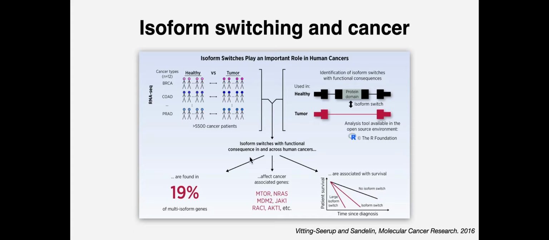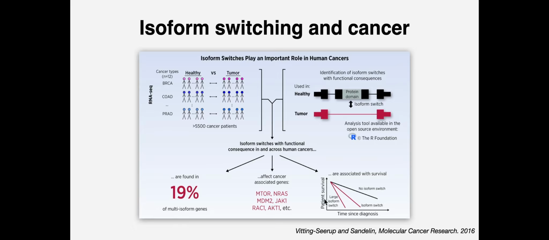And we'll talk about what this means to describe isoform switching in the context of functional consequences in just a minute. Those isoform switching events are happening in oncogenes, and they're found in a substantial fraction of multi-isoform genes. And in many cases, they're associated with a different prognosis.